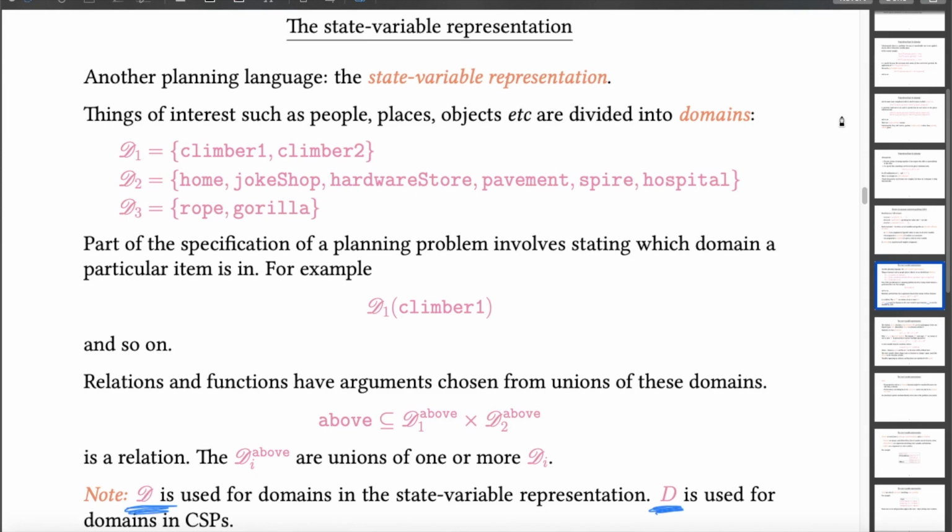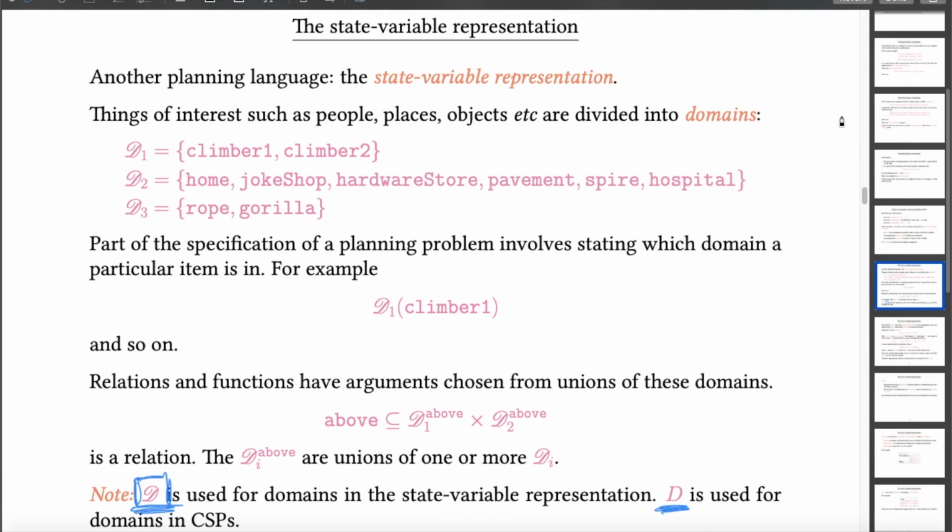Initially, I'm only going to be talking about domains for the state variable representation, so the Ds will be curly. Later on, we need to make a distinction between these and the domains that are attached to the CSPs.